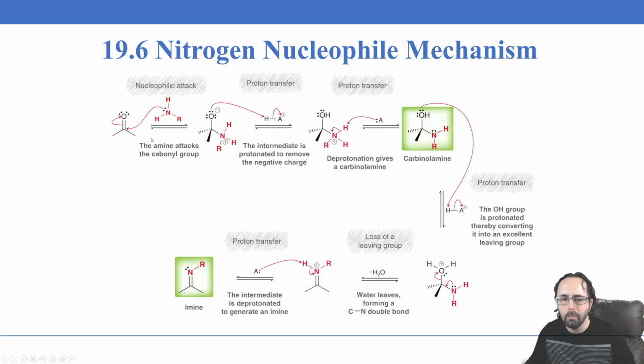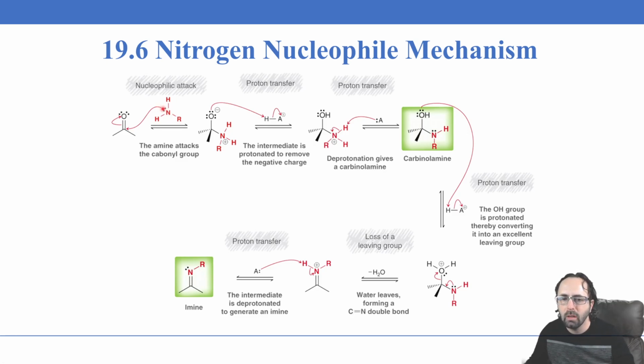So what is the mechanism by which this occurs? Well, first we have the nucleophilic attack by the nitrogen atom. This is a little bit different than some of the acid catalyzed mechanisms that were described earlier. This is because we can't use a particularly strong acid to protonate this ketone, because it would instead protonate the nitrogen.